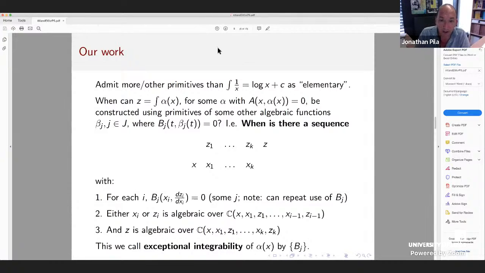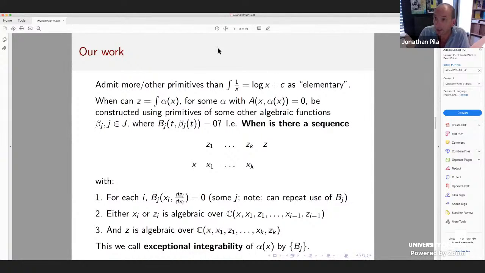And we call this exceptional integrability. So that's by analogy with elementary integrability. We'll say that in this case that alpha of x is exceptionally integrable using the b_j's. Now, I just want to make a few points about this definition. Firstly, you can use each b_j more than once.